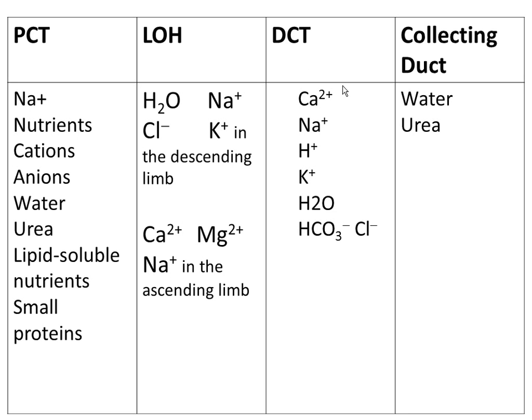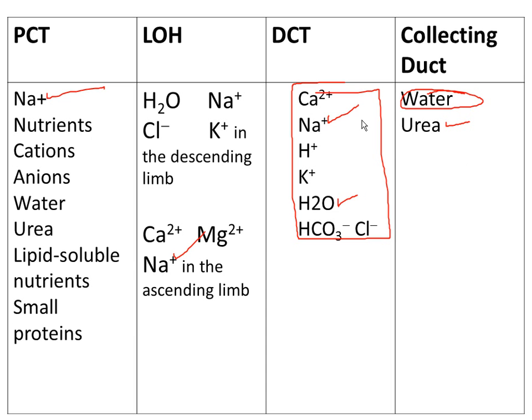The distal convoluted tubule, for our purposes, is more involved in reabsorbing ions and some water. And then the collecting duct can do urea for osmosis, water-salt balance. But what we're going to focus on is water, the ability to reabsorb water one more time. The other thing I pointed out in lecture is how you see sodium show up a lot, and we'll get to that.